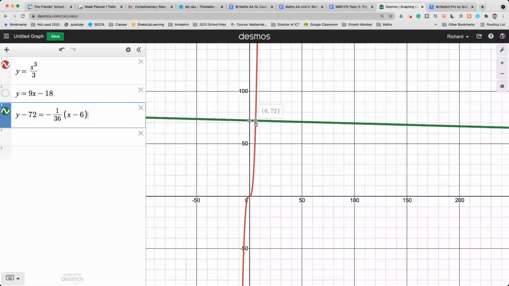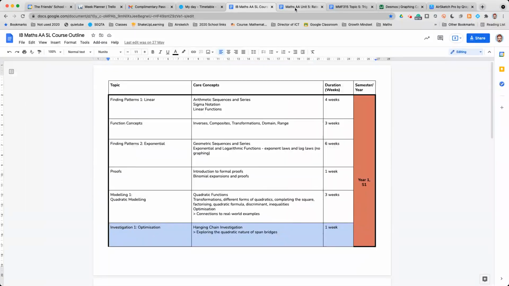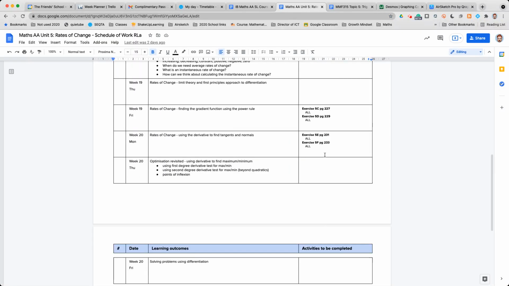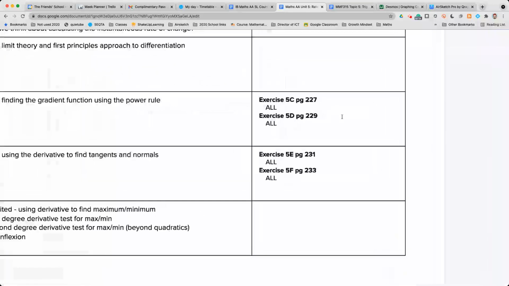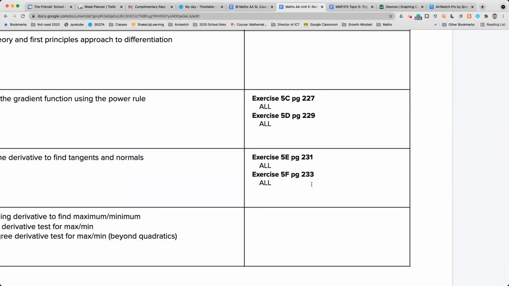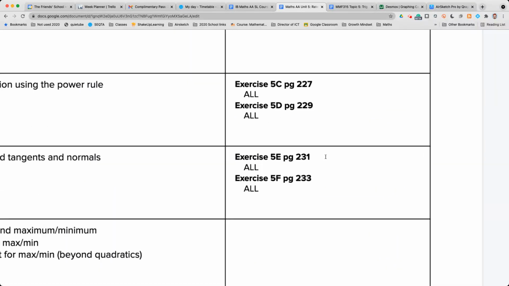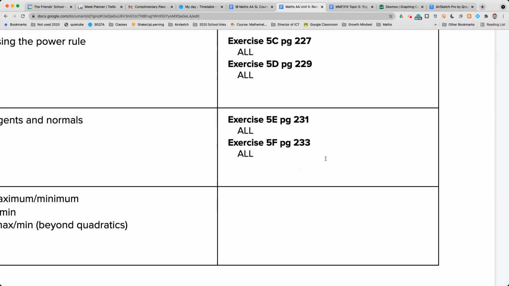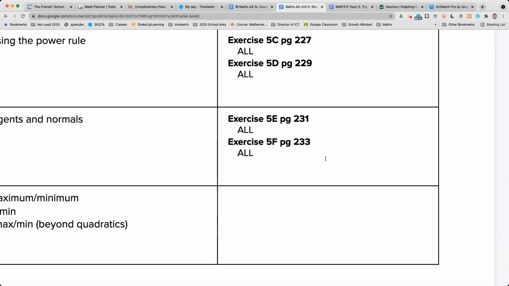Practice time. We've got 10 minutes. What you did yesterday was practice 5C and 5D. Now tangents and normals, which is 5E and 5F. They are all of good value, but you can do every single one.